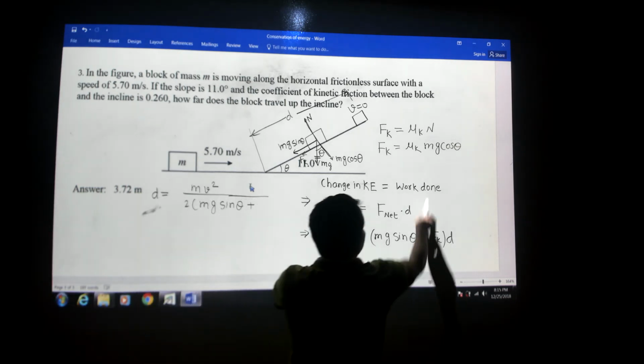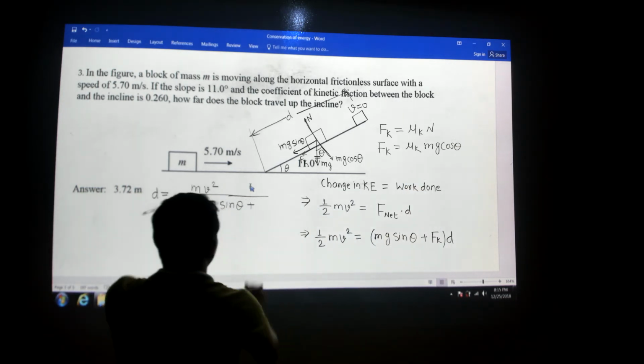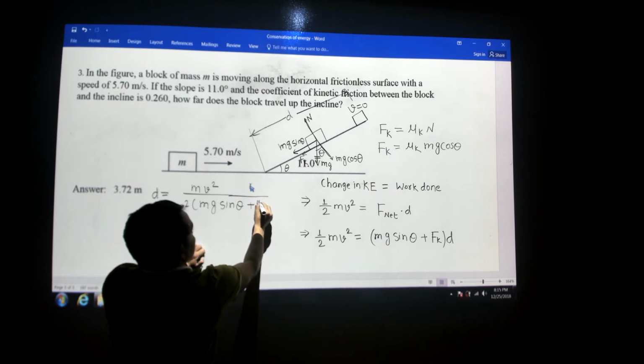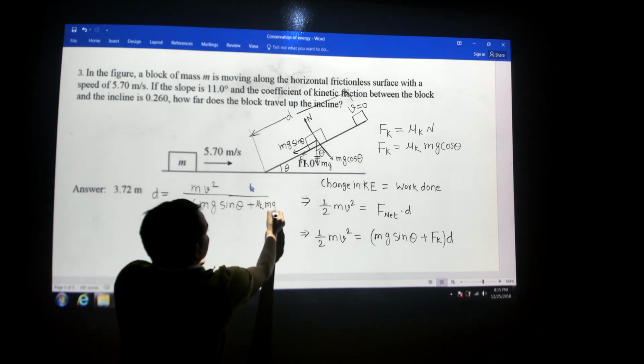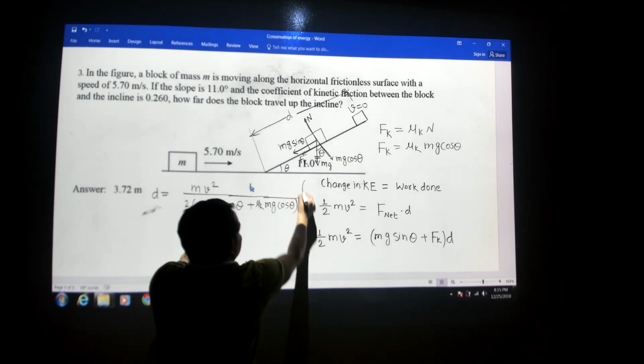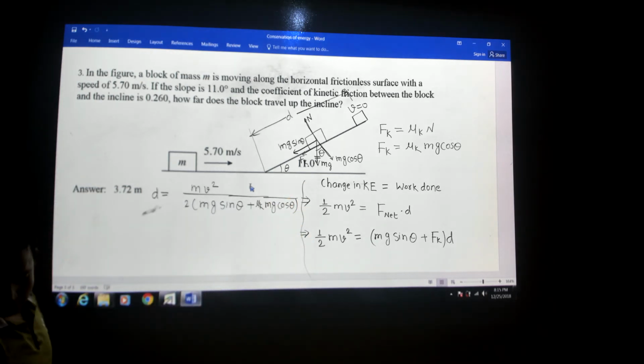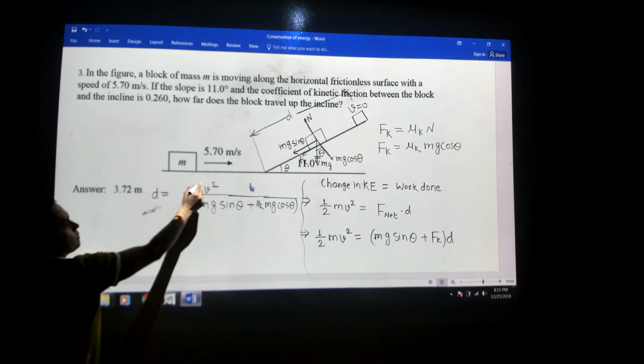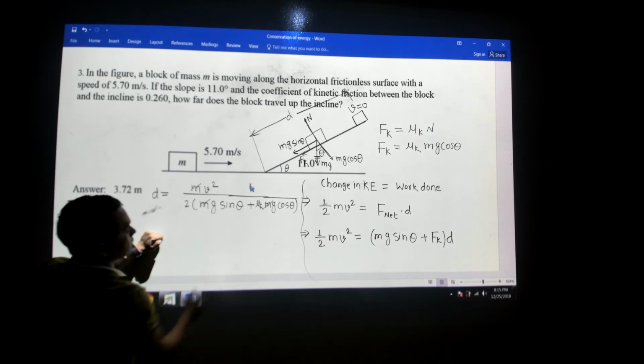You see, Fk is equal to mu k mg cosine theta. Just plugging in all the numbers here, this mass cancels out.